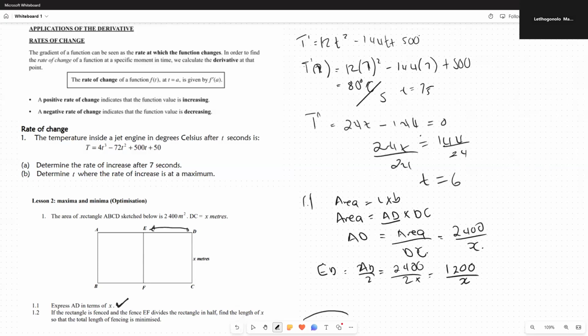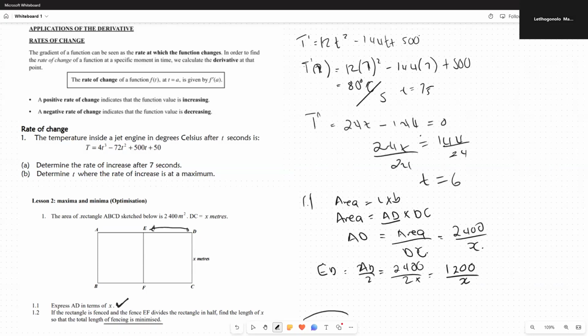And what do we want to minimize? The length of the fencing is to be minimized, right? So how do we get the length of the fencing? We get the length of the fencing by getting the perimeter, right?